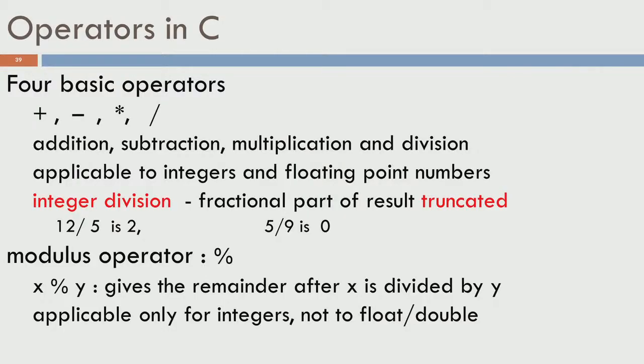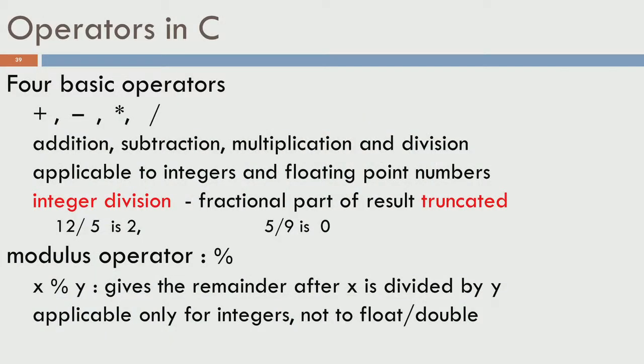And then there is the modulo operator, or percentage. If you write x percentage y on the right hand side of an assignment statement, it will take x and divide it by y, but instead of giving the quotient it finds out the remainder. So, a by b finds out the quotient and a percentage b finds out the remainder.